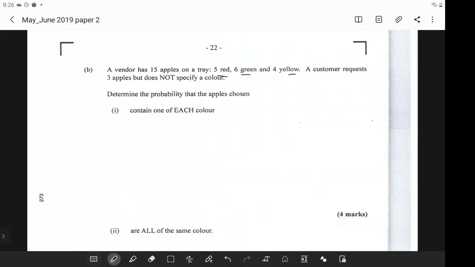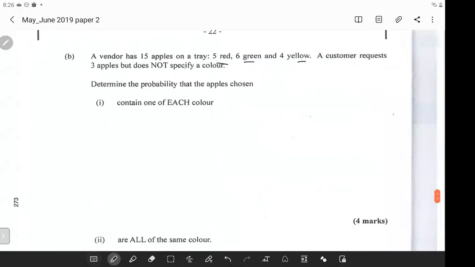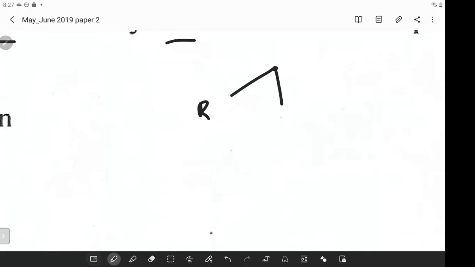I would have done this by using a tree diagram, right? So let's construct it at the side here. We have our choices. The first choice could be a red, a yellow, or a green. If I chose red, this line is my first choice.